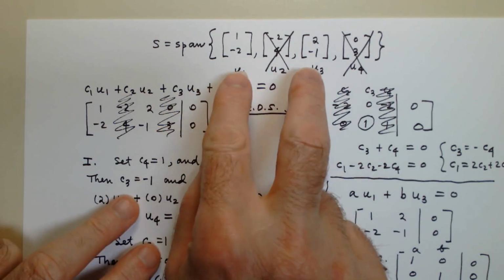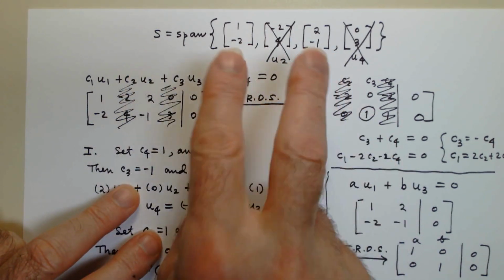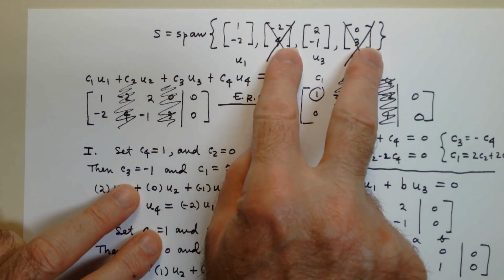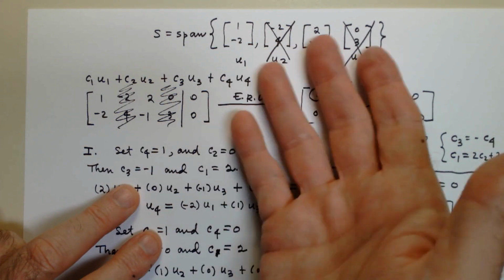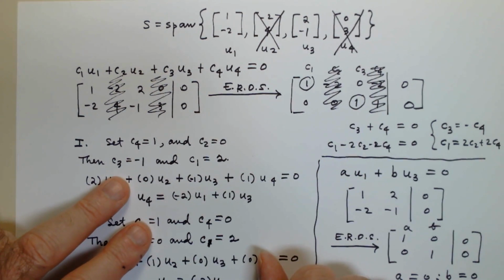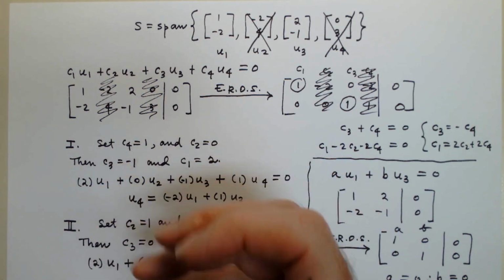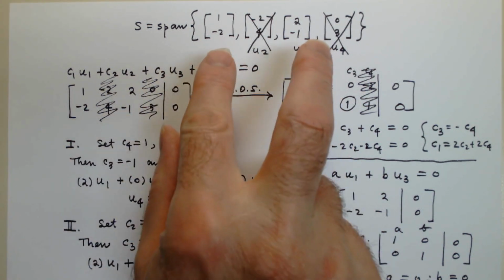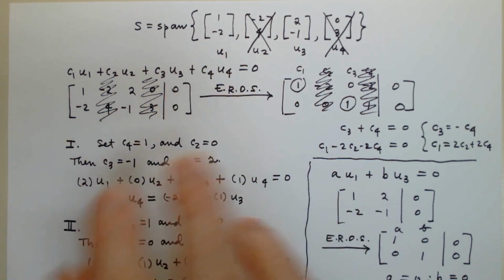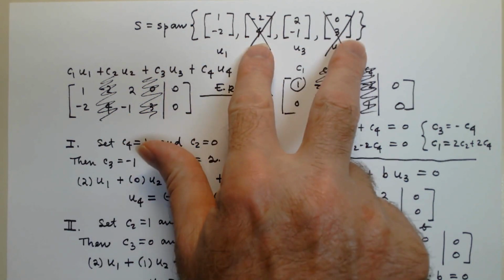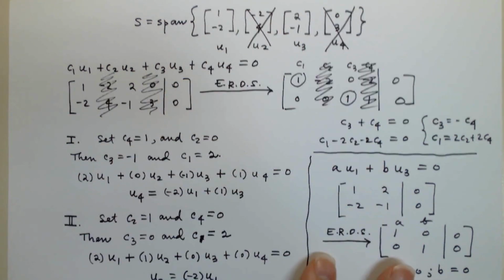In other words, we're showing that the basis for this space S consists of 2 of the original vectors, and we've eliminated 2 of them. But the basis is consisting of a subset of the original set of vectors. If you look at our other method, we get a completely different set of vectors that form our basis. In some sense, it is not a subset of the original collection that we started with. So this method will always eliminate some and keep some of the original collection. And so it has that feature.